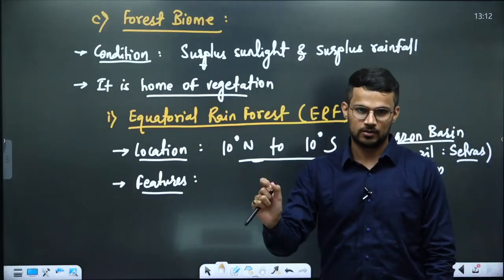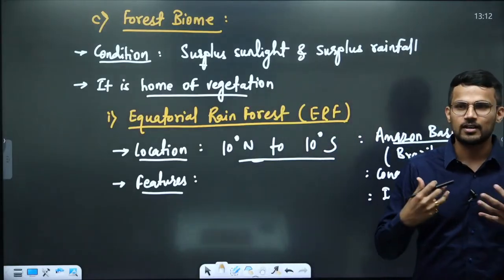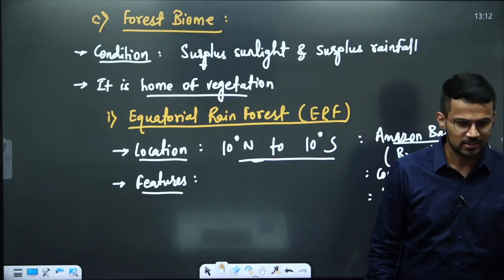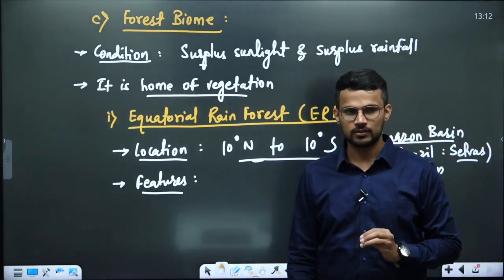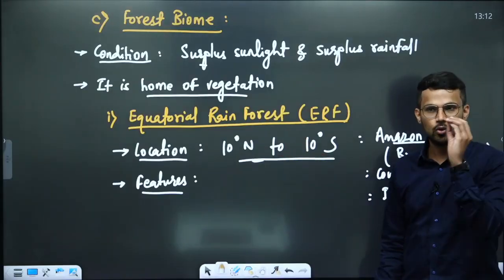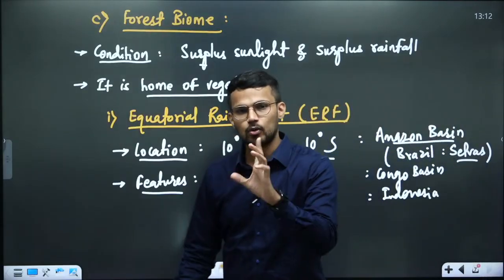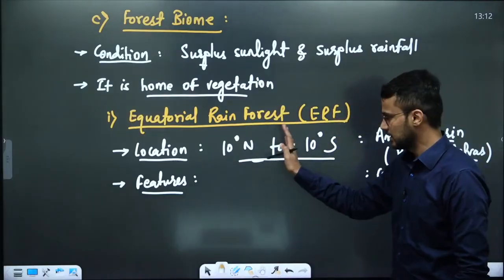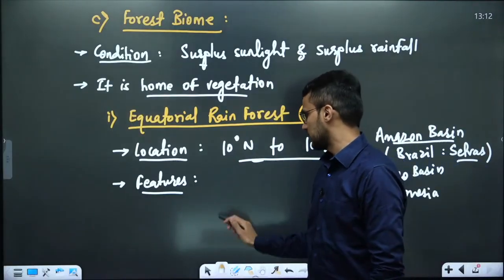What is the latitudinal extent of our India? Does it start from 8 degree north? Right? So we do have presence of equatorial rainforest, but only in Nicobar, not even in Andaman. Okay. Features. What are the features?